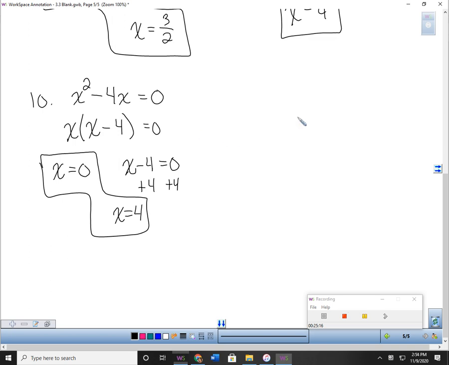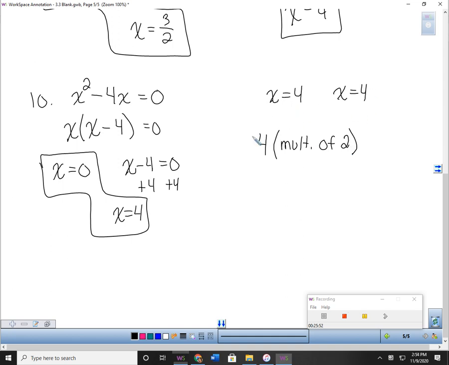Other thing I want to mention is, let's say that my two answers were x equals 4 and x equals 4. Okay, remember when you get two of the same, that just means that you had a perfect square trinomial, right? But I don't write them both down. Like, that's just not how we do it. So what you would need to do is write down the 4, and then in parentheses you're going to tell me how many of them you have by saying that that is a multiplicity, but I'm going to let you abbreviate to mult of 2, because I have two of those.